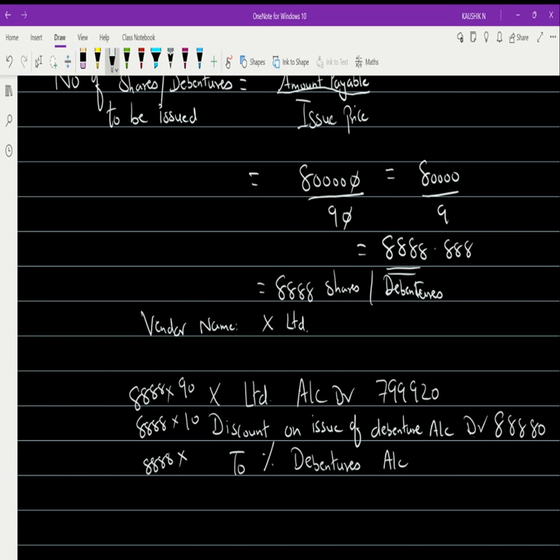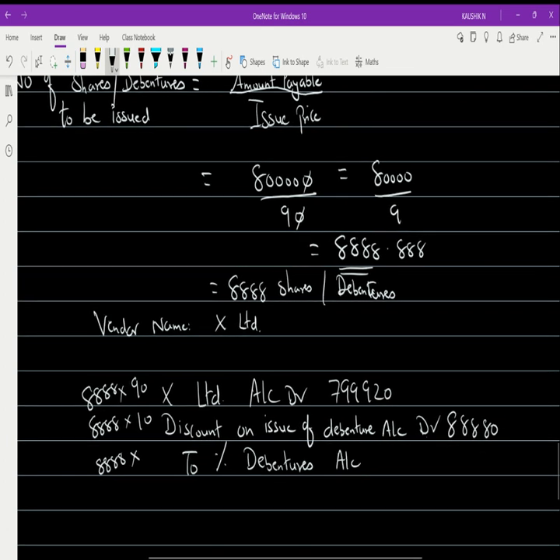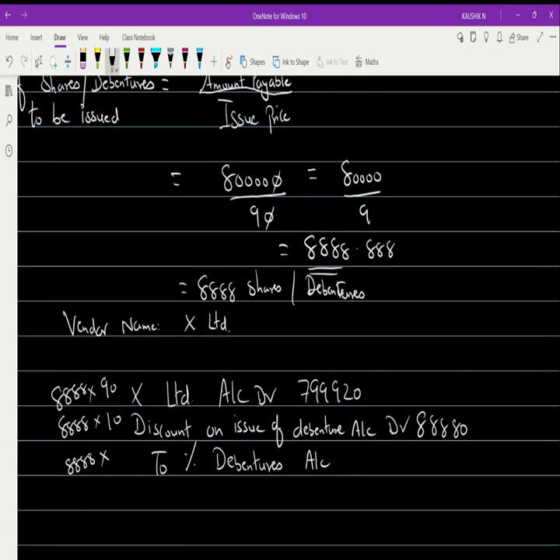Okay. When you add these two values, that means 7,99,920 plus 88,880, how much will you get? Check it up. There are two items in the debit.